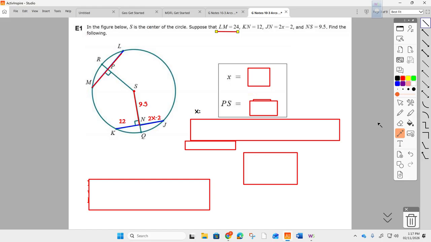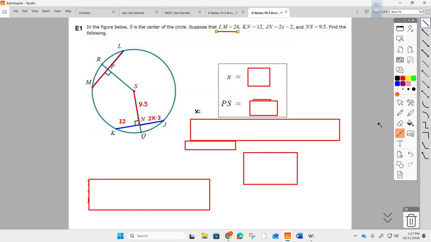Anybody have an idea what to do? 2x minus 2 equals 12. Okay, Justine said 2x minus 2 equals 12.